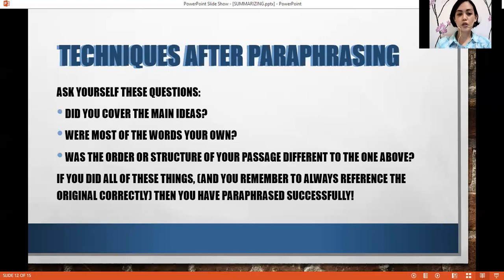Was the order or structure of your passage different to the original passage? Well, if you did all of these things, and you remember to always reference the original correctly, then you have paraphrased successfully. It says here, remember to always reference the original correctly. That is referencing, or writing the source from where you have gotten the idea.